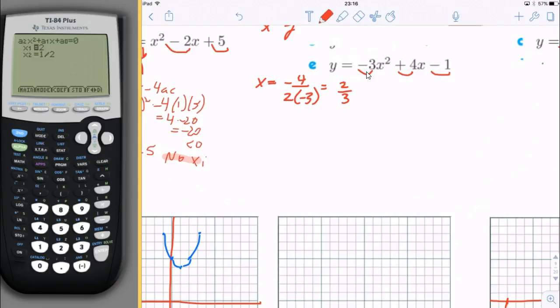And then the y value would be y equals -3 times 2/3 squared plus 4 times 2/3 minus 1.